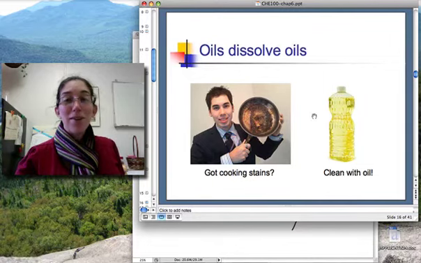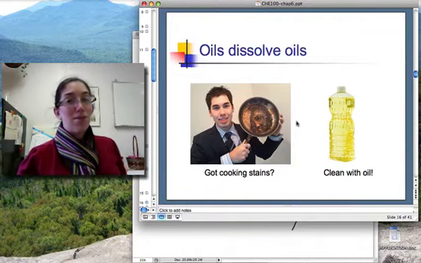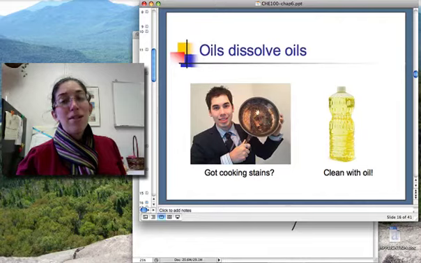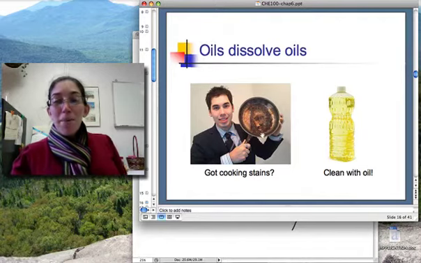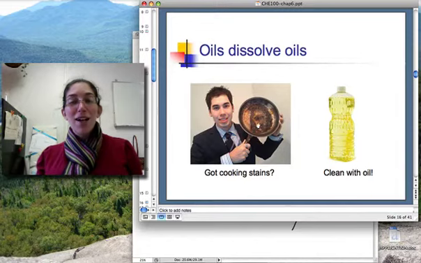Just pour a little oil in the pan and scrub with it, because oil will dissolve oil better than water dissolves oil. Soap can do a decent job, and we'll talk about how soap works in a second, but the best way to clean off a greasy pan is with oil. I like this picture because apparently the grease looks like Jesus, but I'm sure it's just photoshopped.